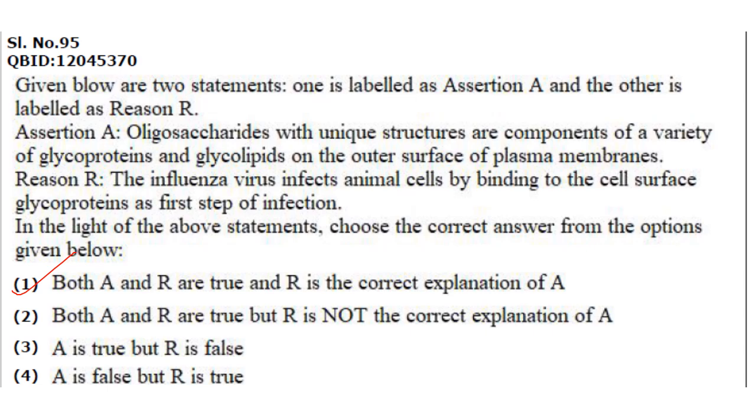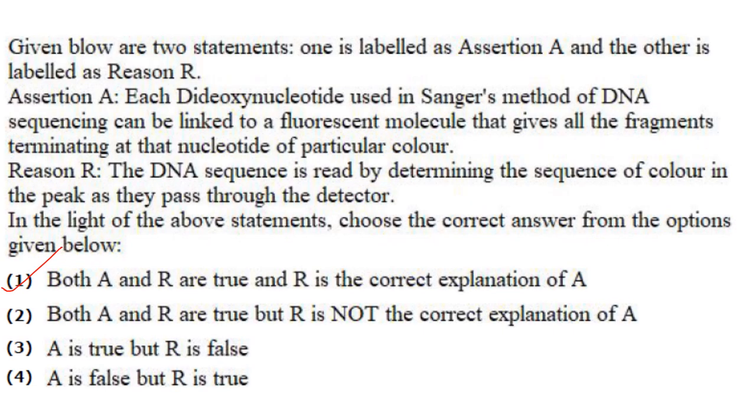The influenza virus infects animal cell by binding to the cell surface glycoprotein as a first step of infection. That is also correct. So A and R are true and R is the correct explanation of A. So option 1.